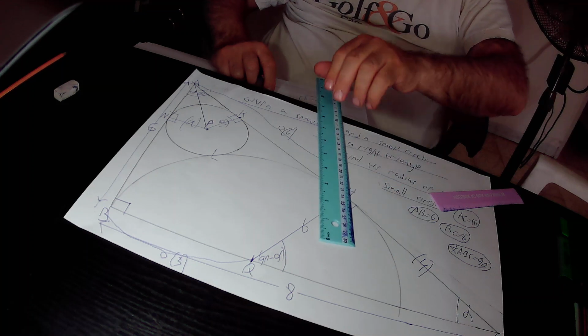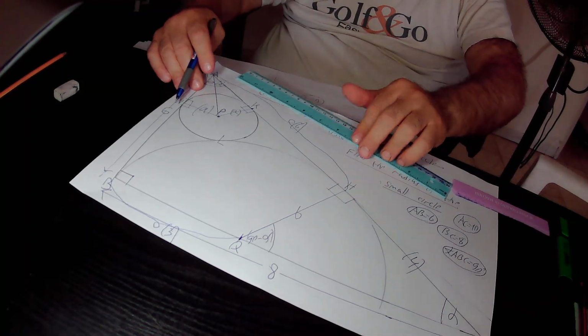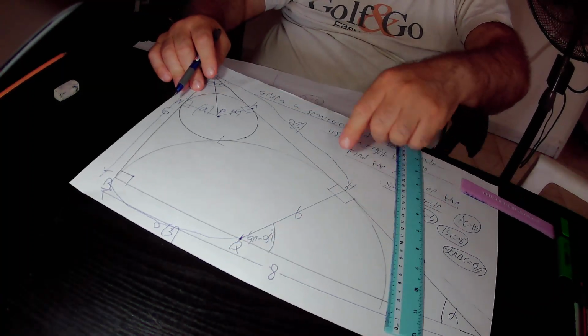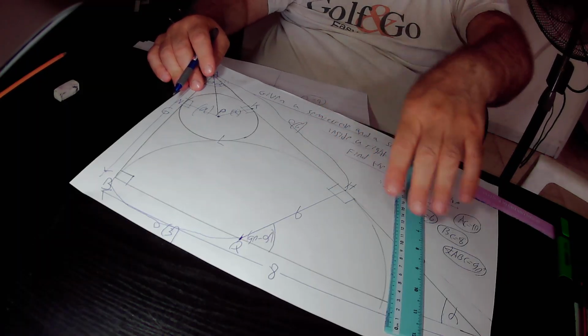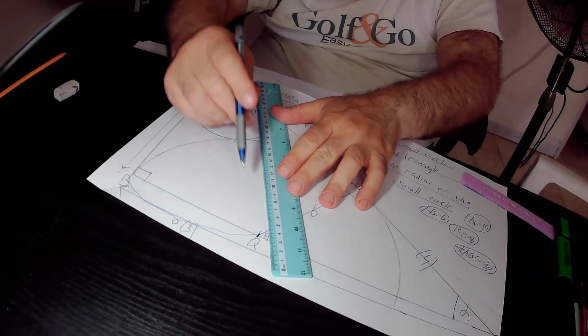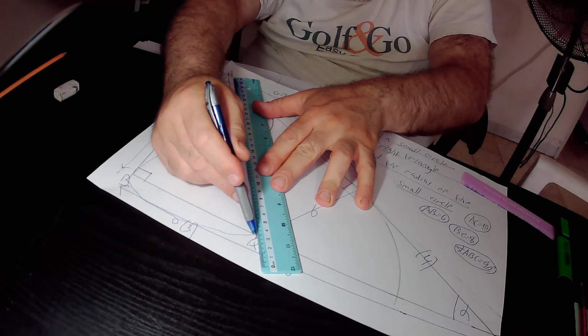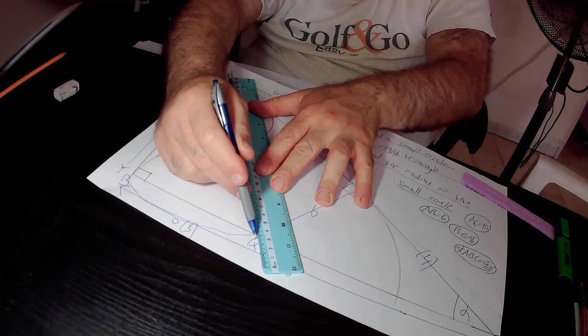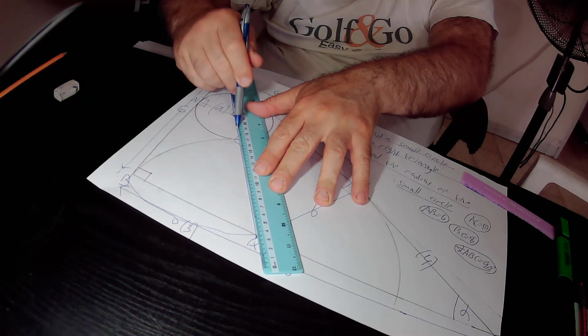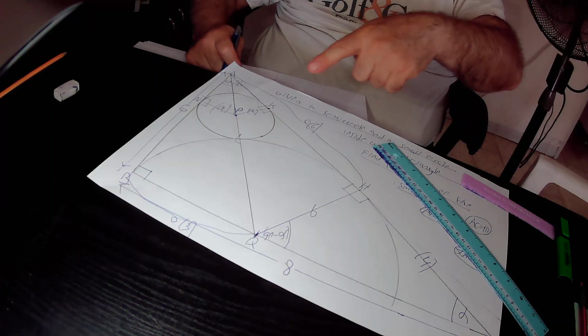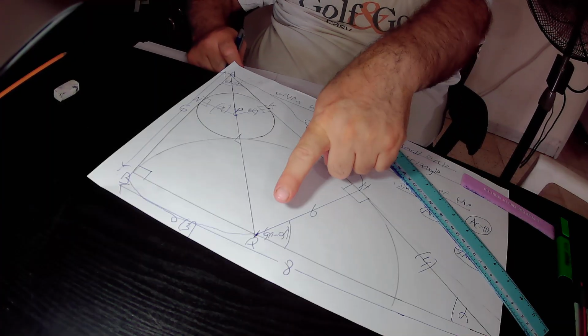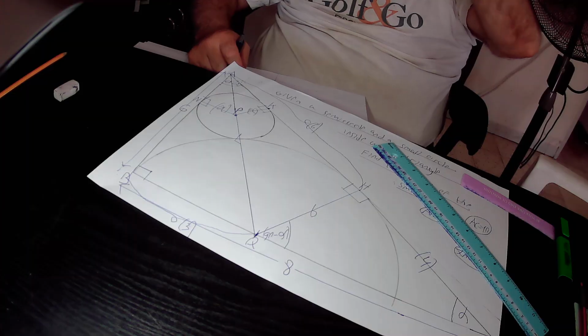So we draw the angle bisector QA, and of course the angle bisector of the same angle A passes through point Q, that is the center of this big semicircle.